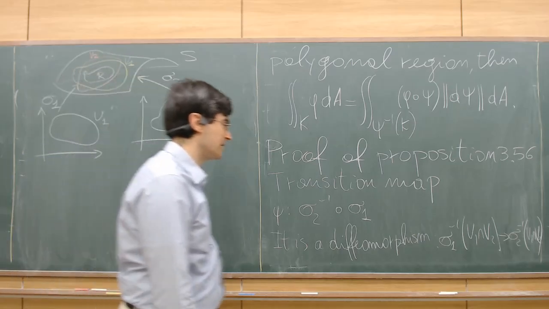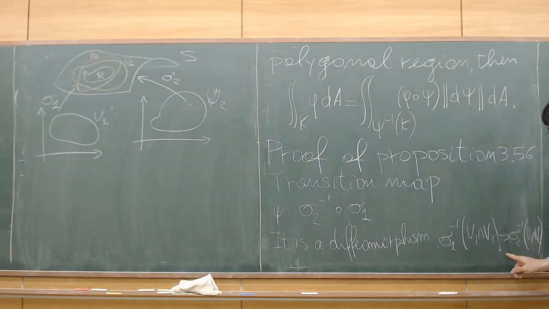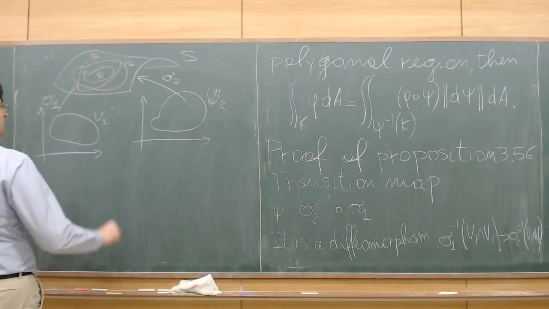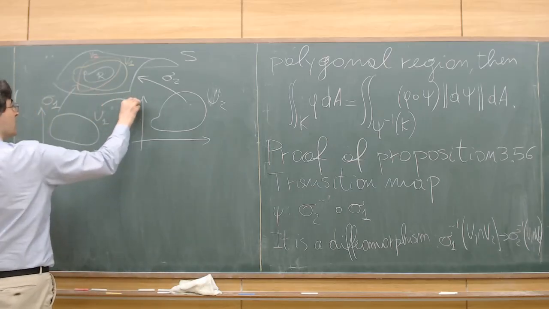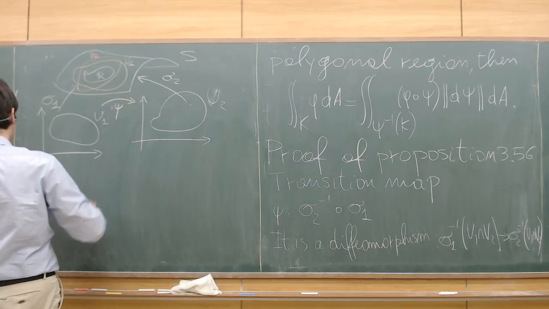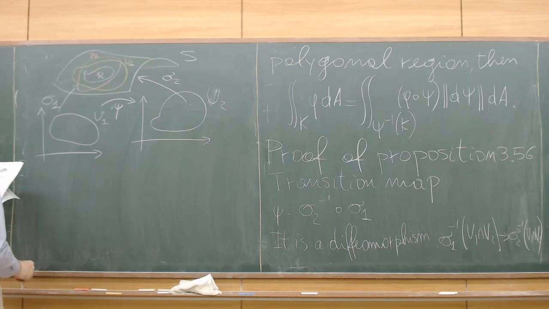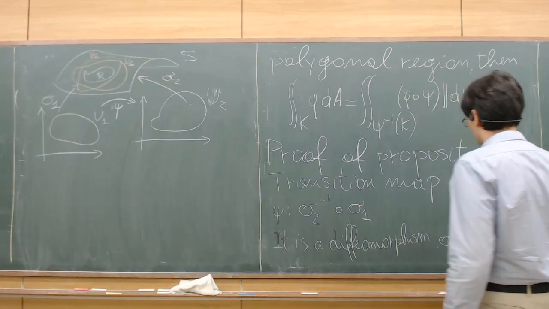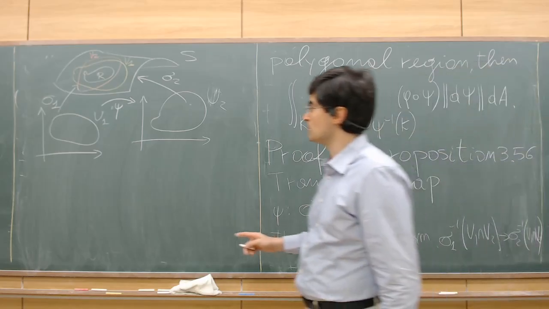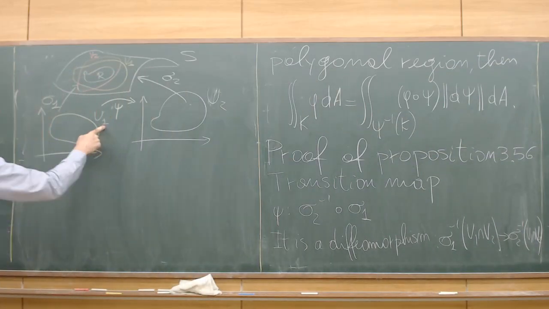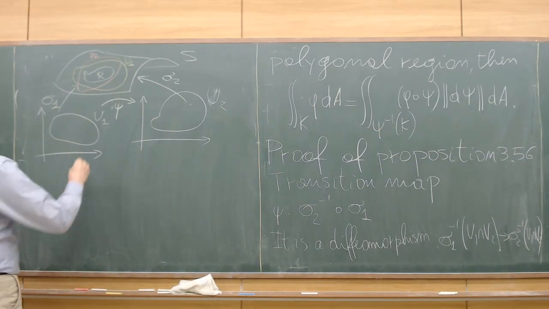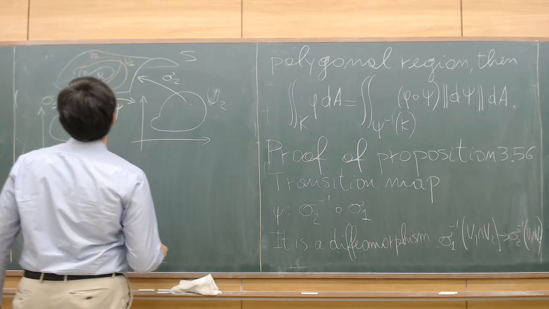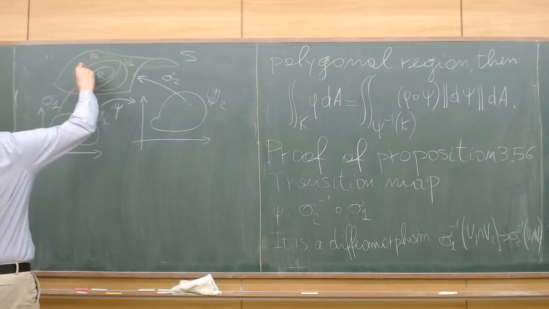Then what I'm saying here is that the transition map psi is defined, of course, not on all of U1, but only on the set. Let's use another color, blue.